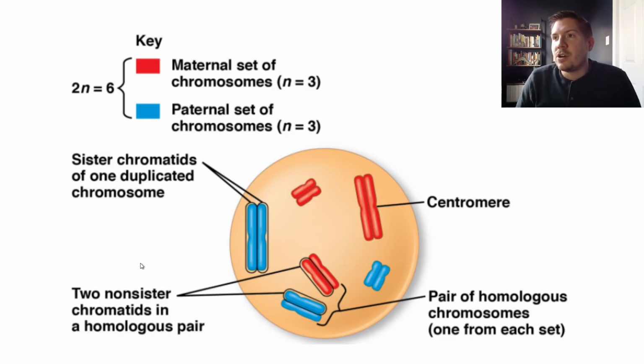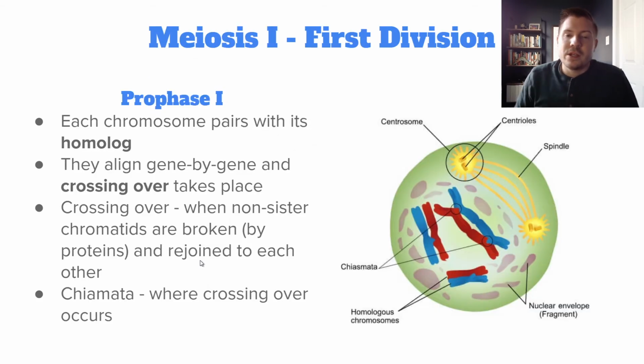So here we see our cell. We have the sister chromatids, which are the duplicated copies of chromosomes, and then we can have homologous chromosomes with the same general sequence of genes. So in our first division, meiosis 1, we start with prophase 1. Every chromosome pairs up with its homologue.